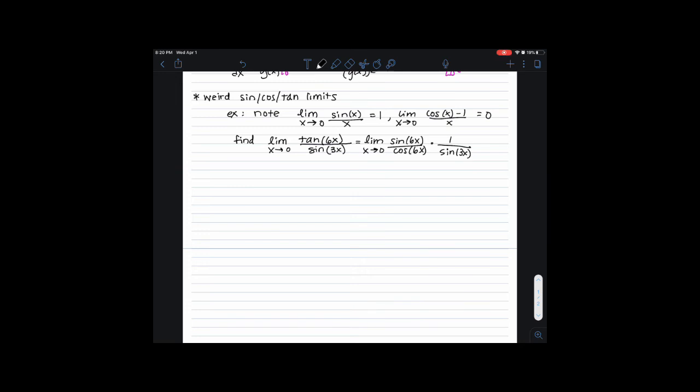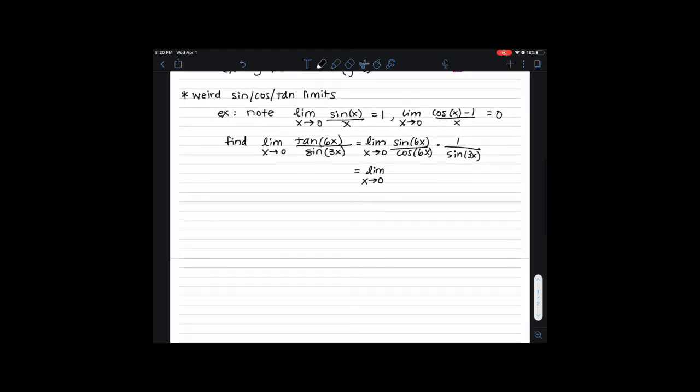Okay, so I'm trying to get this guy to look something like one of these, and I don't really have a minus 1 anywhere, so I'm going to focus on this guy first. I'm going to try to make this sine of 6x look like sine of x over x. So I get the limit as x goes to 0 of, if I want it to be sine of x over x, I have a sine of 6x, so it's actually going to be sine of 6x over 6x.